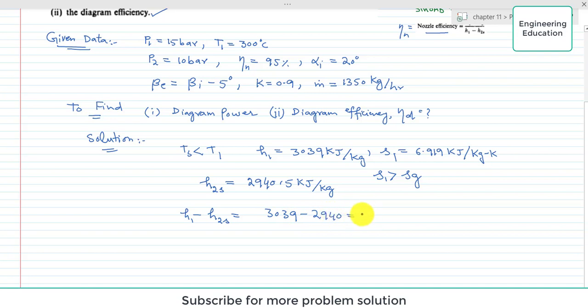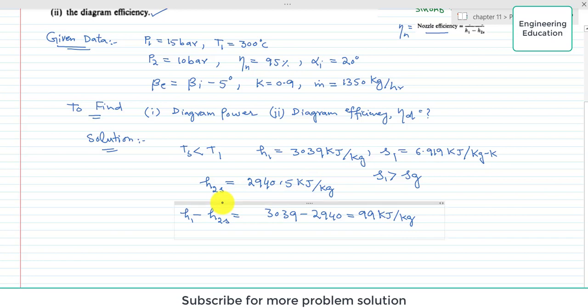So subtracting it, we get the value 99 kilojoule per kilogram.